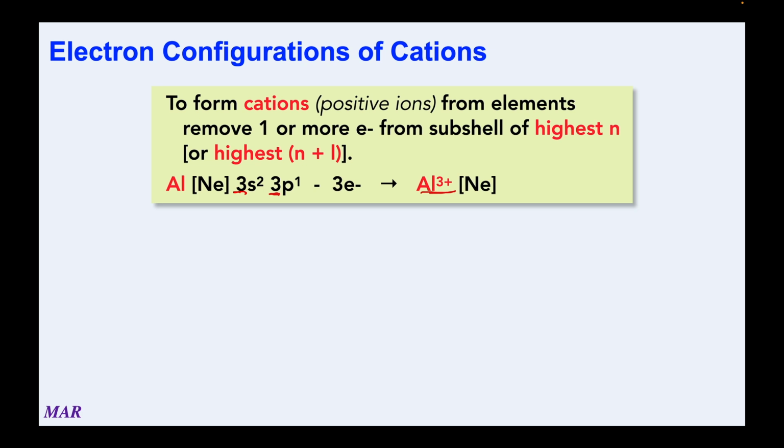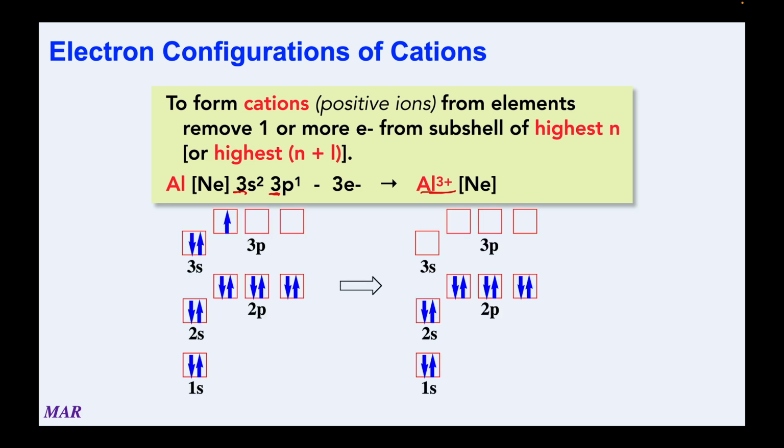So we're going to take away the 3s2, 3p1 electrons to make 3p0, if you will, and 3s0. We're going to be left with 1s2, 2s2, 2p6. So aluminum 3 plus has a neon core. Now, what we would do here is take away the 3p1 first, technically, and then we take away the 3s2 electrons after that. But it doesn't make a difference because we're taking away 3 electrons. The end result, aluminum 3 plus, will have a neon core.